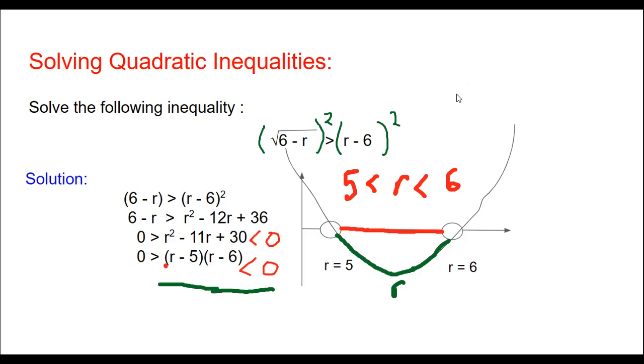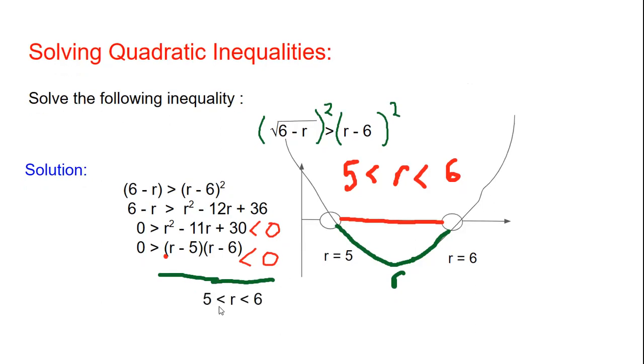And so our solution is just 5 less than r and r being less than 6, which is what I wrote in red.